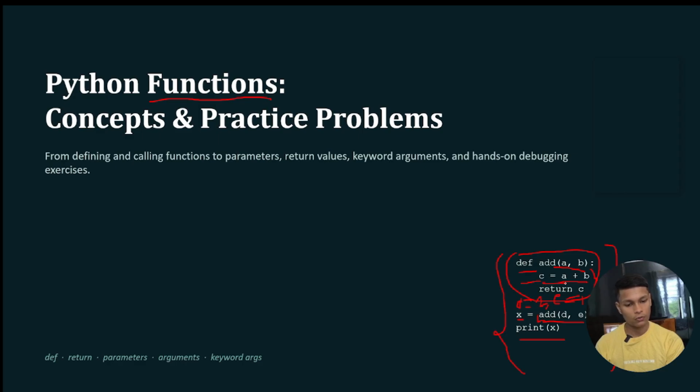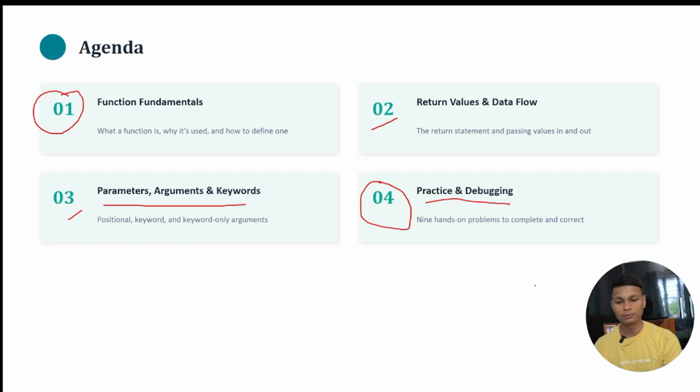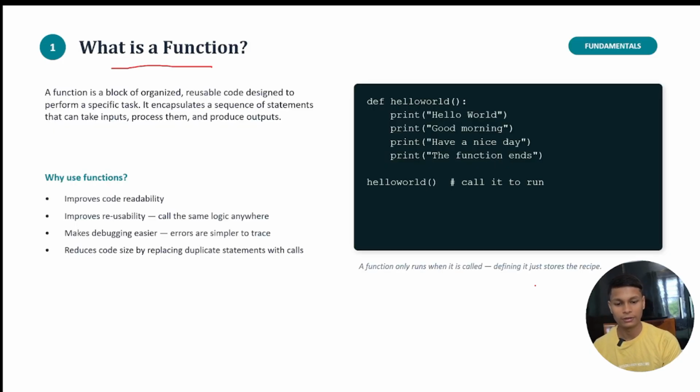It's a block of code for the addition of a and b, meaning addition of two numbers, which are the parameters. The same thing is written here: a function is a block of organized, reusable code designed to perform a specific task.